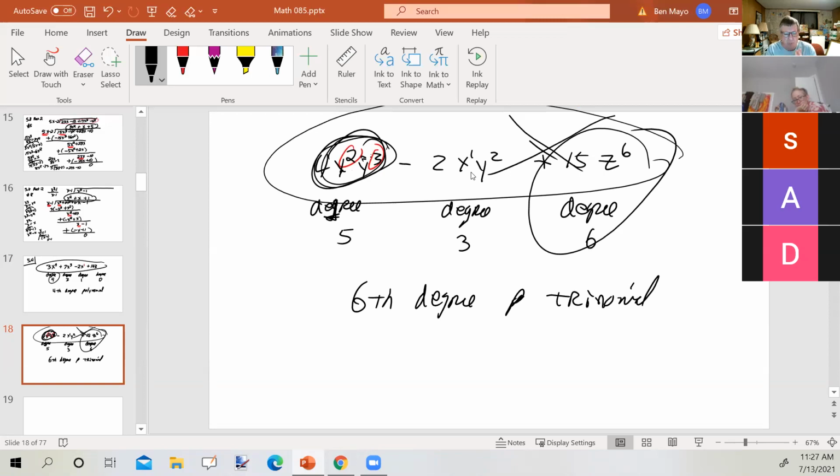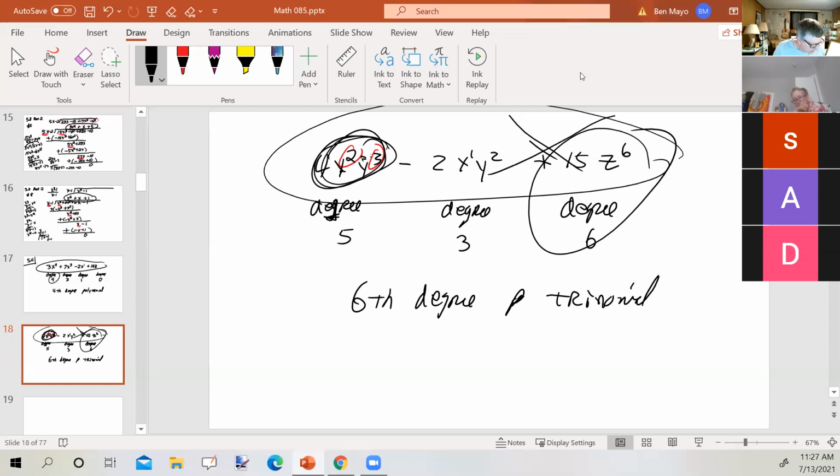The degree of the polynomial is equal to the degree of the highest powered term within the polynomial, okay? Any questions on that? Like I say, that's one that people often miss.